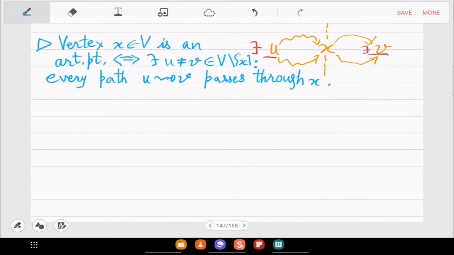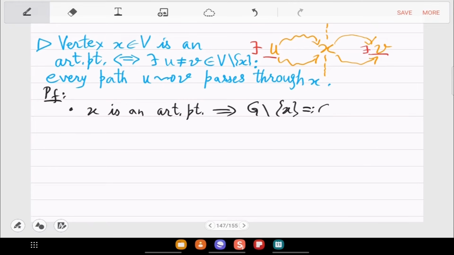The proof of this is easy. If X is an articulation point, then G minus X, let's call this graph G prime, is disconnected.